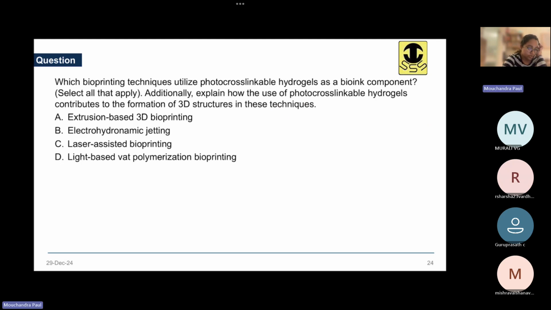So here I have drawn a line figure like this, where 2000 micron is the lowest resolution, and 5 micron is the highest resolution.